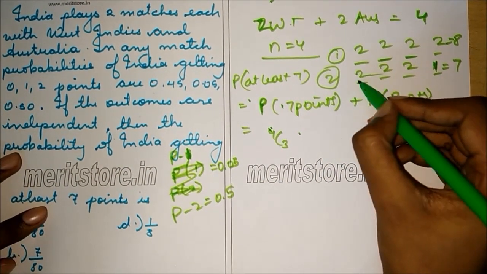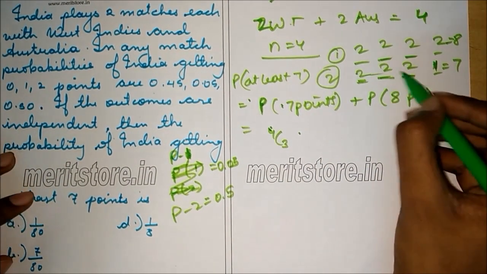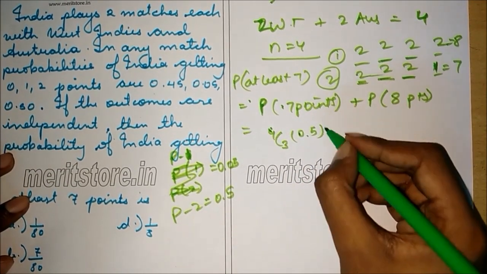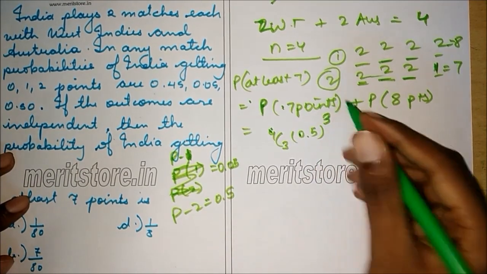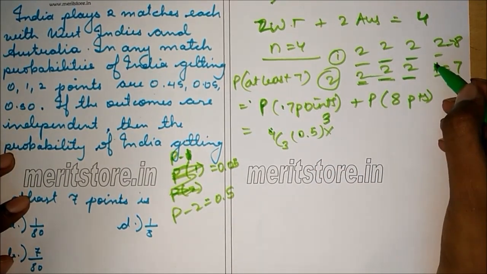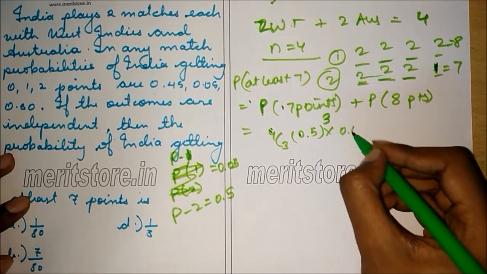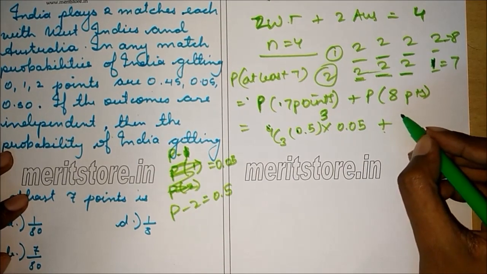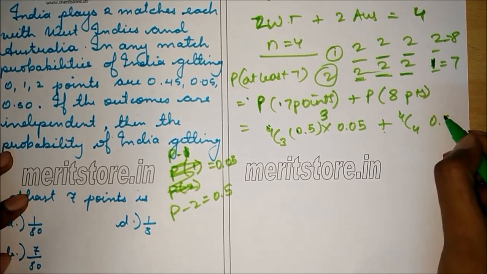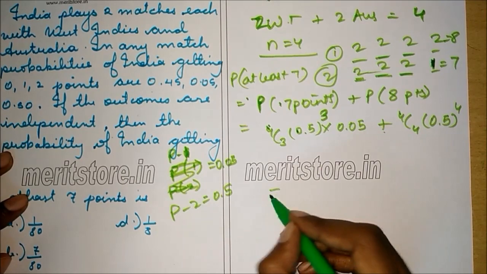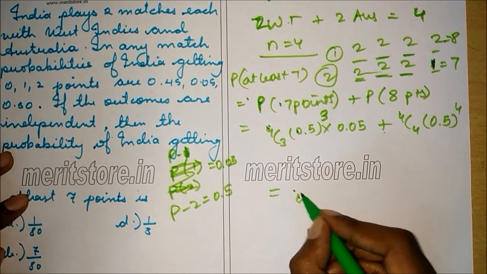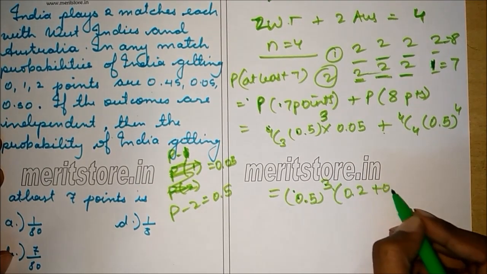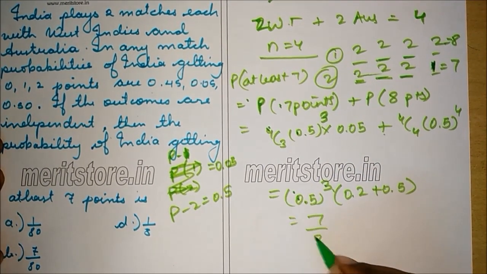So India can get 2 points thrice, that is 0.5, the probability of 2 points, thrice, that is cube, and 1 point once, that is 0.05, or 2 for all the games, that is 4C4 0.5^4. So solving this, we'll be getting 0.5 cube into 0.2 plus 0.5, that is equal to 7 by 80, which is option B.